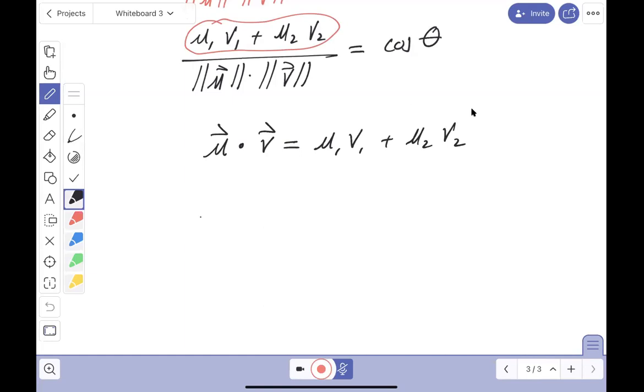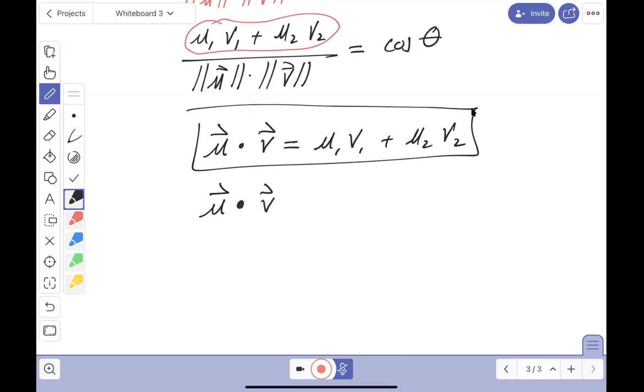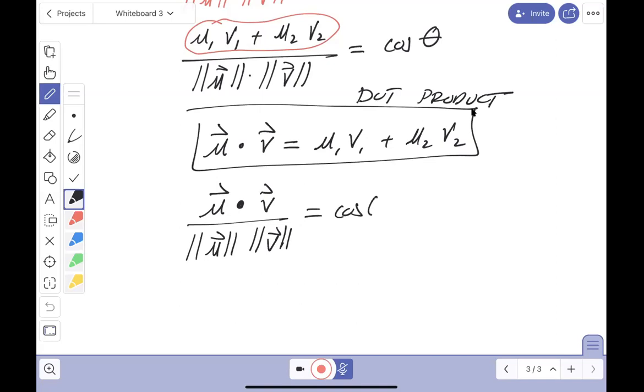So this formula becomes vector U dot vector V. That's how it's defined. This is called a dot product. By the way, if something pops up a lot, you give it a name. Over the length of U times the length of V is the cosine of theta.